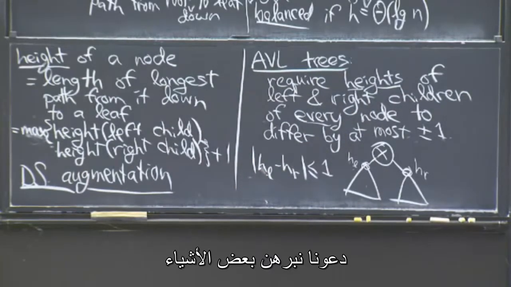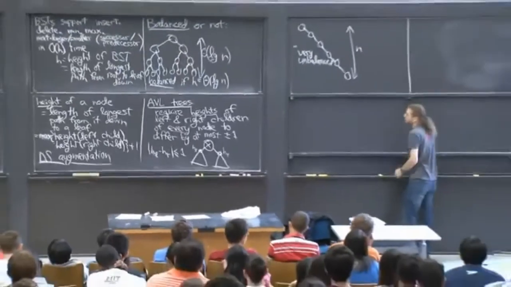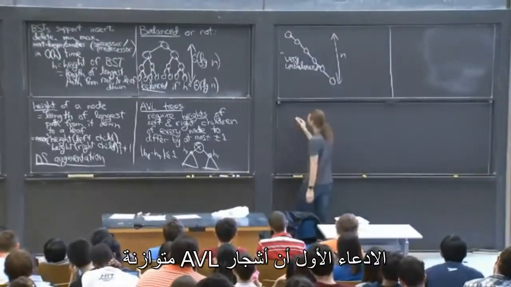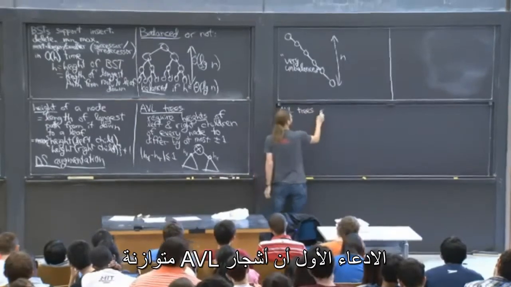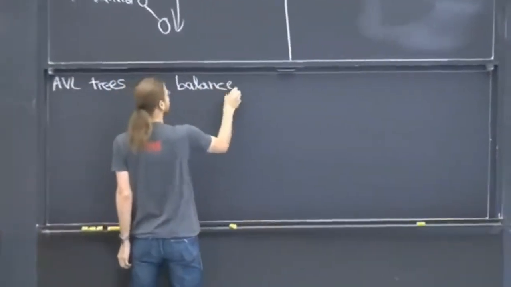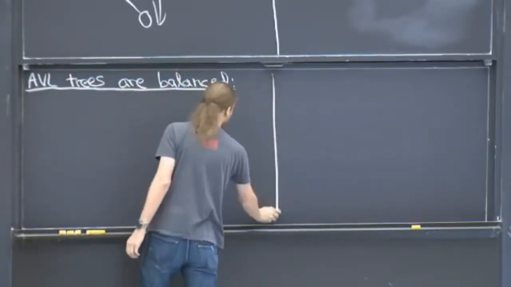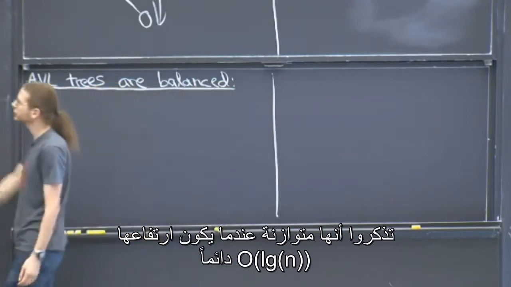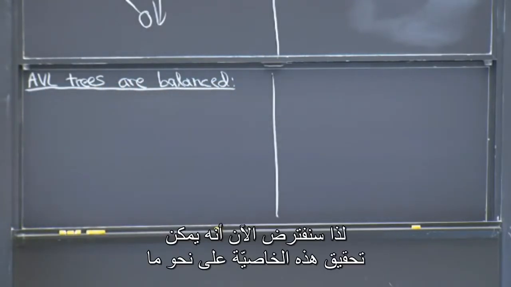Let's prove some stuff. So the first claim is that AVL trees are balanced. Balanced, remember, means that the height of them is always order log n. So we're just going to assume for now that we can somehow achieve this property.